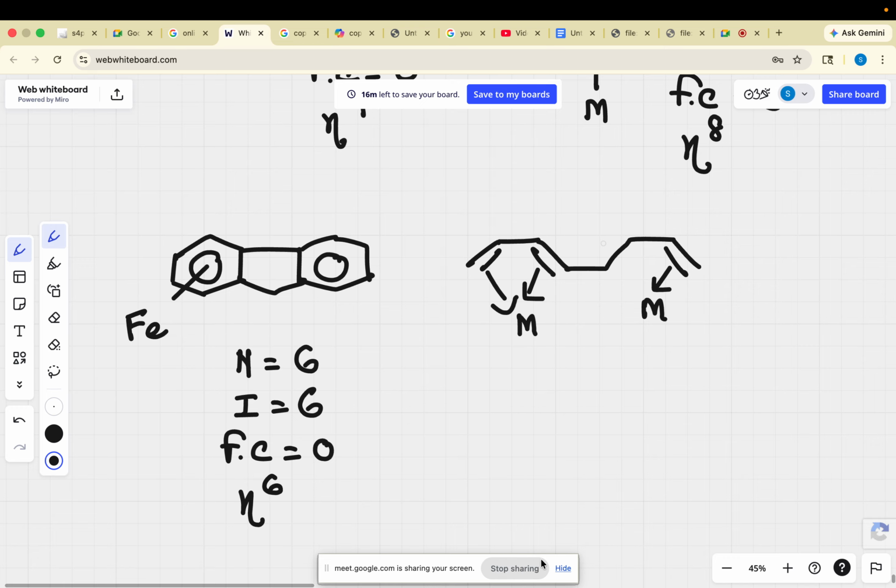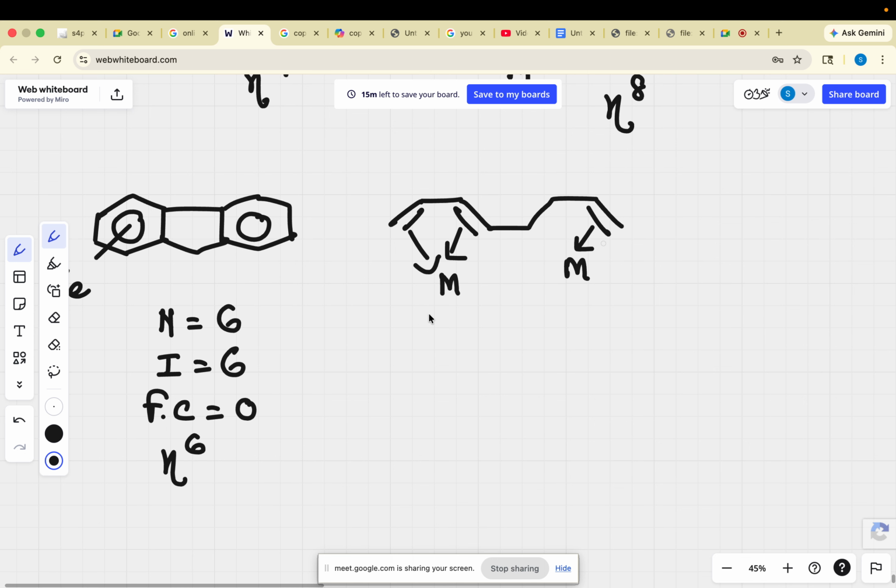Now suppose you have this kind of molecule. Here tell me, neutral method how many electrons, ionic method how many electrons? 2, 2, 0, 2.